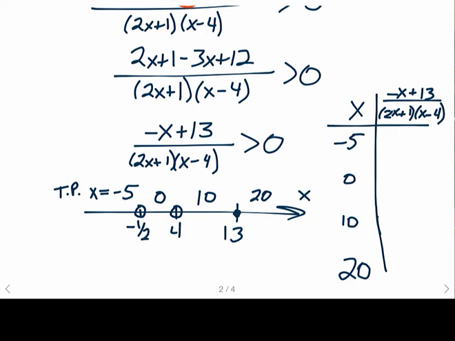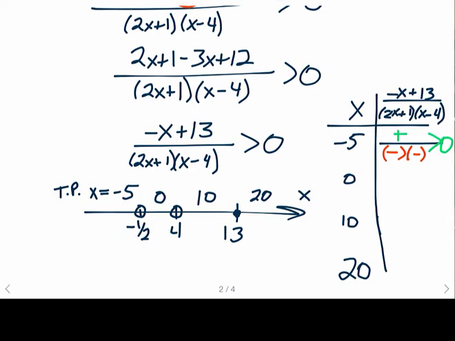Negative 5 in the numerator gives me a positive expression. In the denominator, with negative 5, 2x plus 1 is going to be negative. x minus 4 is going to be negative. Positive divided by negative times negative. That is positive divided by positive. That answer is going to be a positive output.